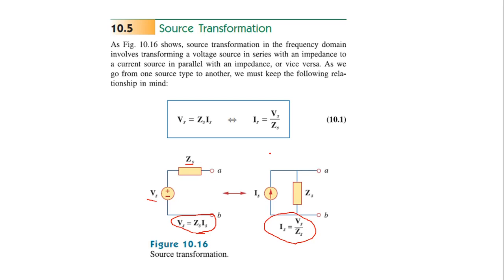So a voltage source in series with an impedance can be converted into a current source in parallel with the same impedance. Similarly, a current source with an impedance in parallel can be converted into a voltage source in series with the impedance, where the values of current source and voltage source are given by this relationship.